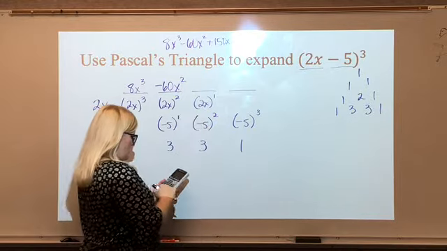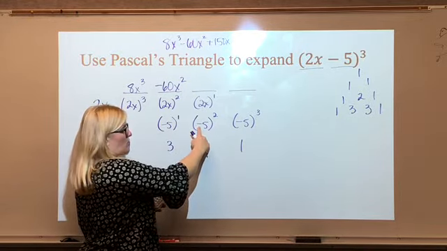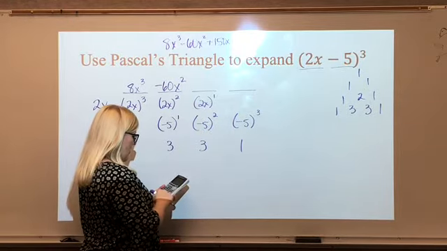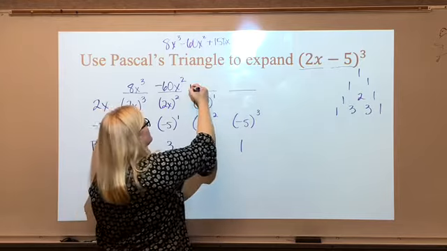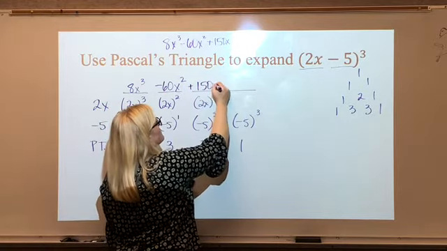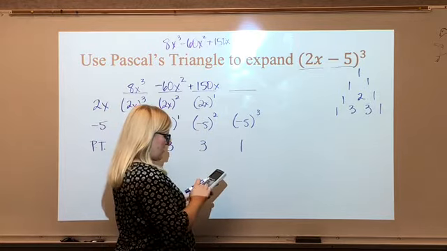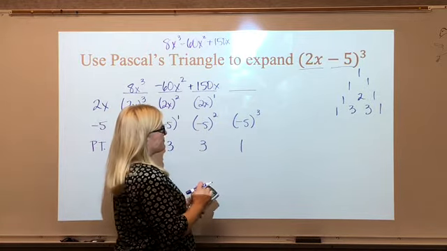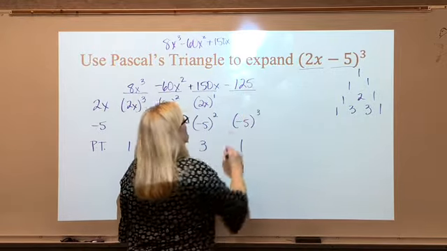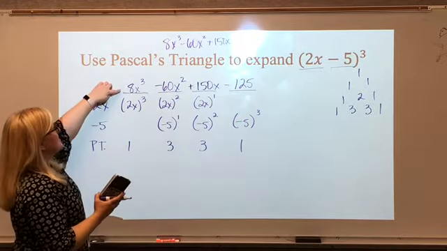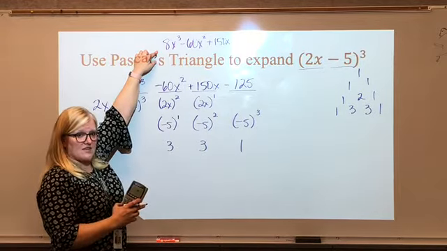This is 2 times -5 squared, which is 25, times 3 is 150x. And then finally, I have -5 to the third power. It's going to give me -125. Okay? And as you can see, that's the same answer that I got when I wrote it out longhand.